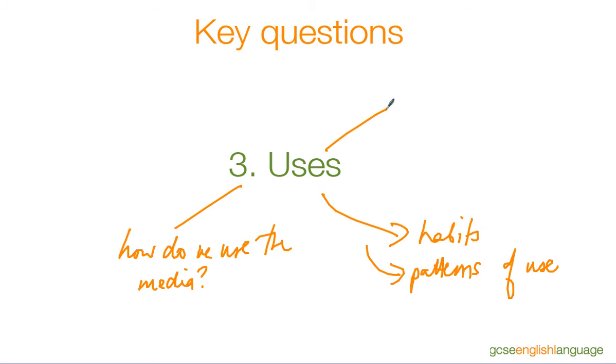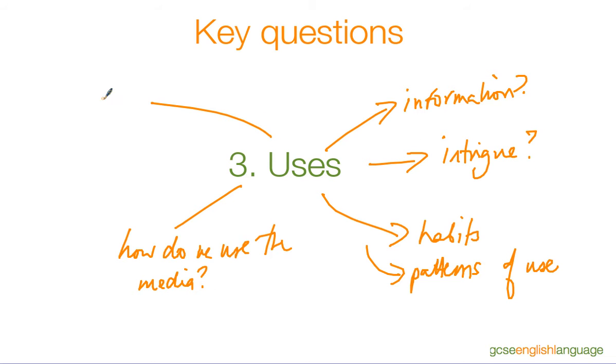So, for example, are we using it to be informed? Is it for information? Are we using it to intrigue us about, I don't know, celebrities? Are we using it because somehow we feel that we need to share our opinions with others?